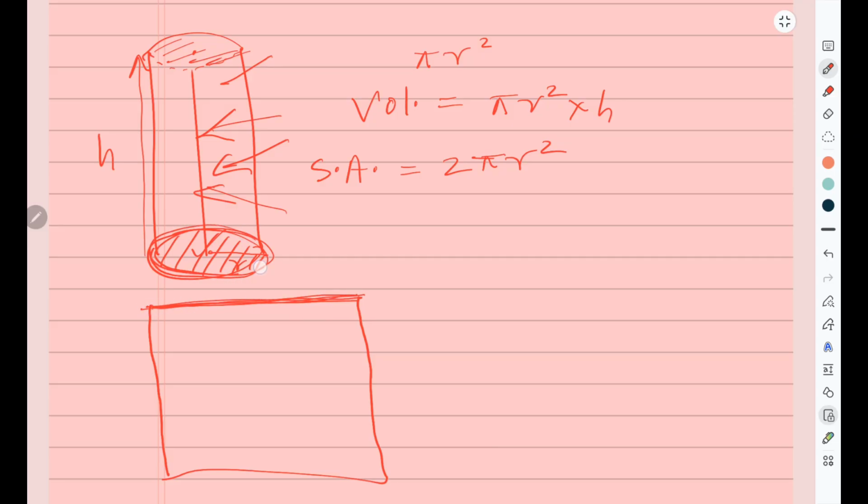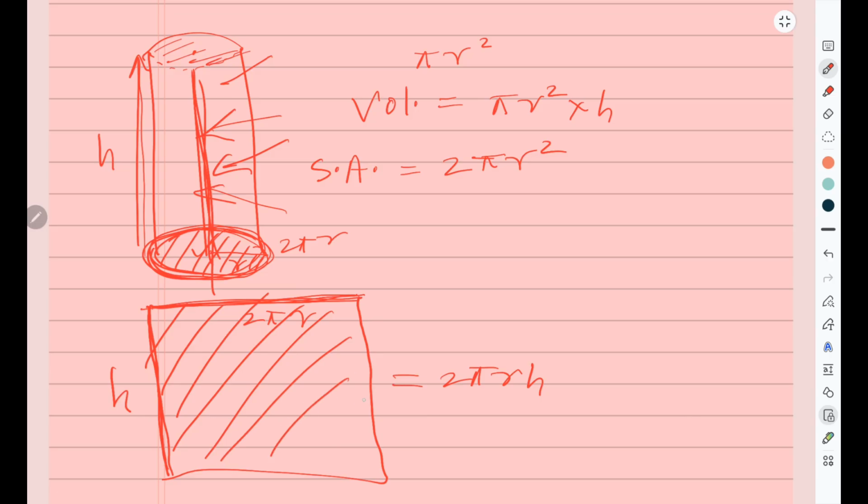The circle which has been rolled out here, obviously 2 pi r, isn't it? So this will be 2 pi r, but this length is h. So here you can see it's nothing but a rectangle, 2 pi r h. Okay, so this is the curved area of the cylinder.